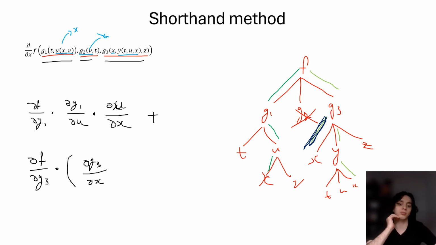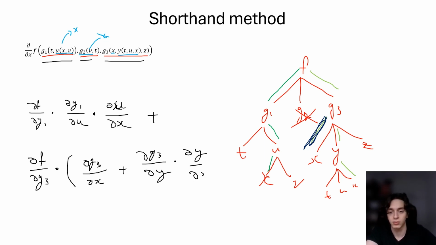And note that this is going to take in the input of whatever G3 is taking, so X, Y, and Z. And then we're going to add on day G3, day Y, the second branch, times day Y, day X. And there is a very important distinction to make here.